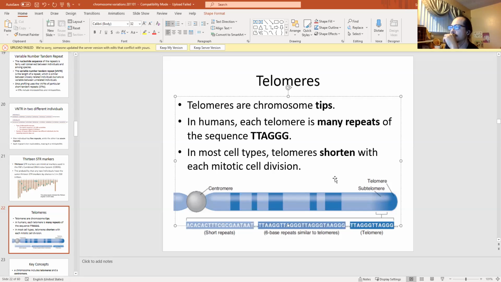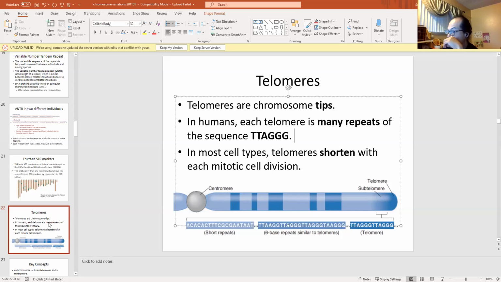So that's that. And the one thing about the telomere is that these repeats get shorter and shorter after cell division. And when they reach the point that you don't have the repeats, or they're too short, then the cells stop dividing. So by looking at this telomere length, we are able to identify the age of this cell.